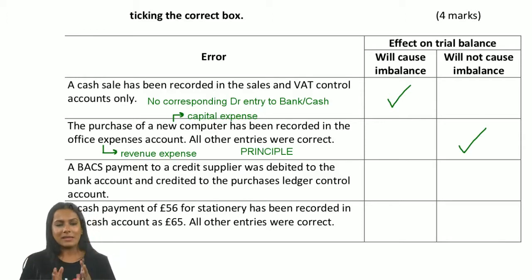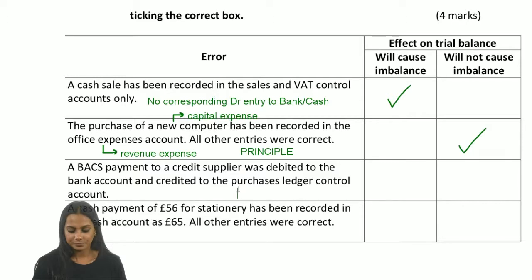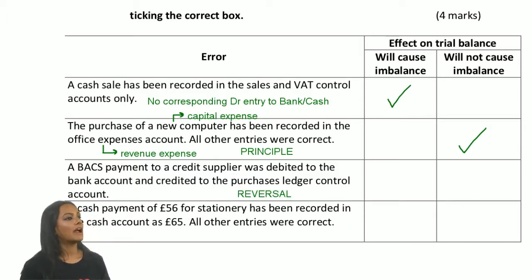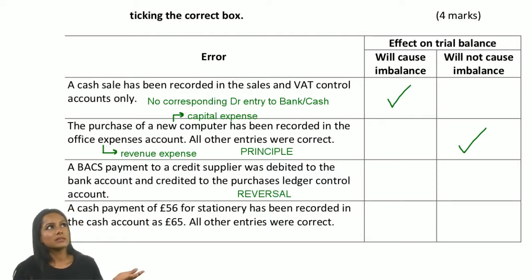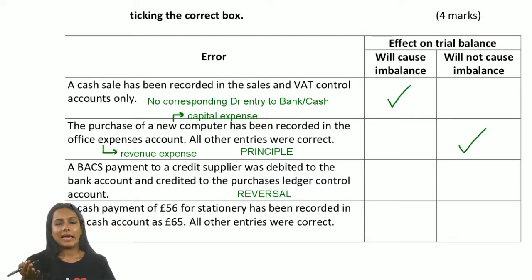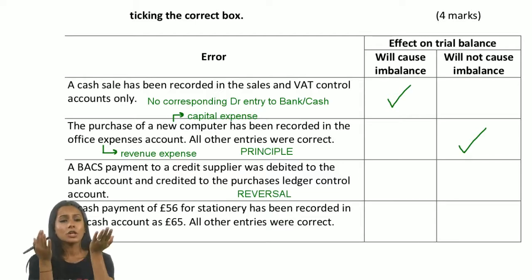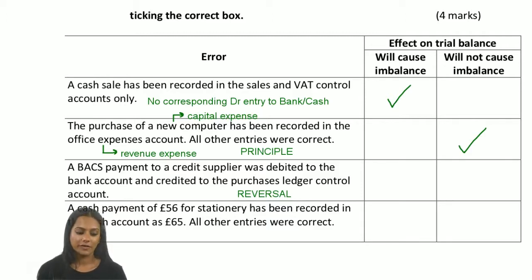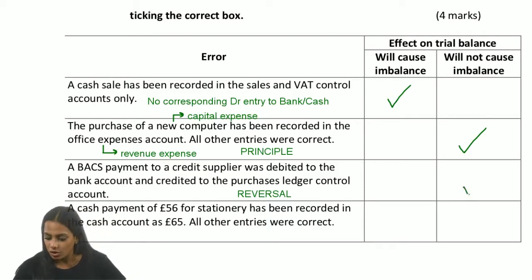So that makes me think that we have an error of reversal. Okay. This is known as the error of reversal, which means that you've debited an account and credited another account, the debits and credits are equal, your trial balance will still balance even though you've made the error of reversal. So this one will not cause an imbalance in the trial balance.